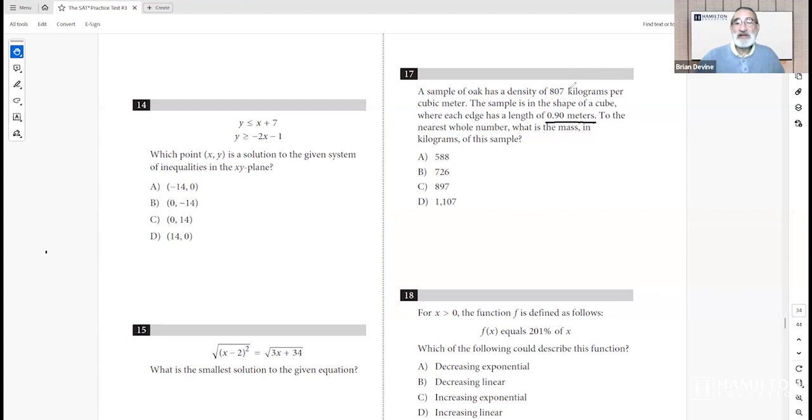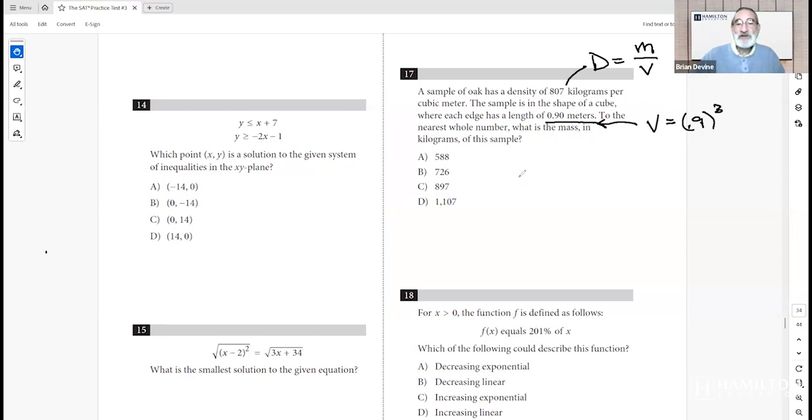Well, remember that density, D, we'll call it here, is mass per volume. And if we take the volume, which we can find here, well, the volume is going to be 0.9 cubed.